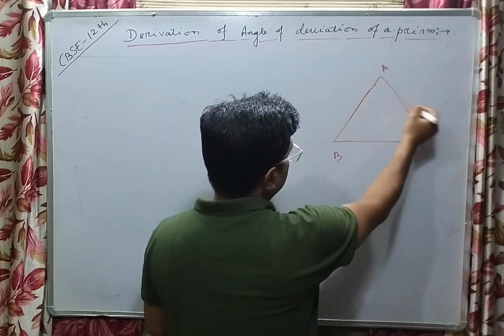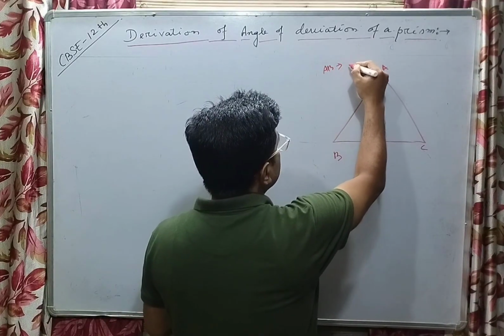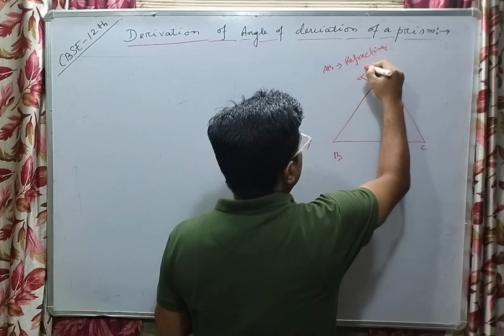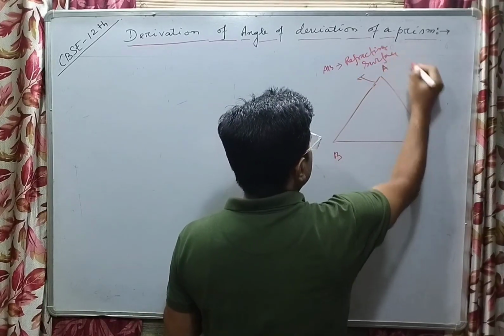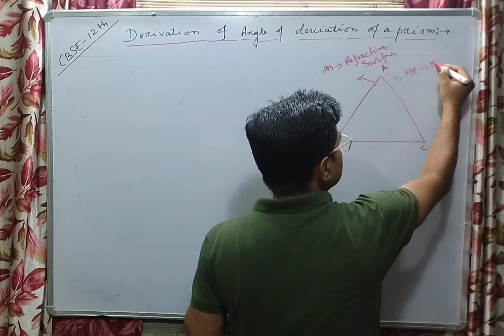AB and AC: AB is the first refracting surface, and AC is also a refracting surface here.